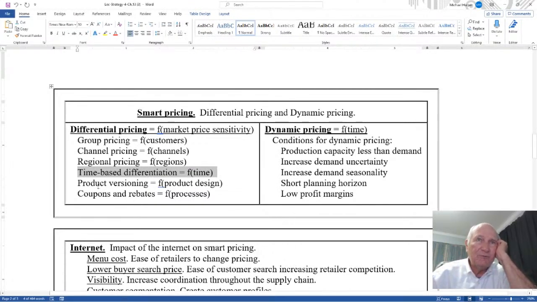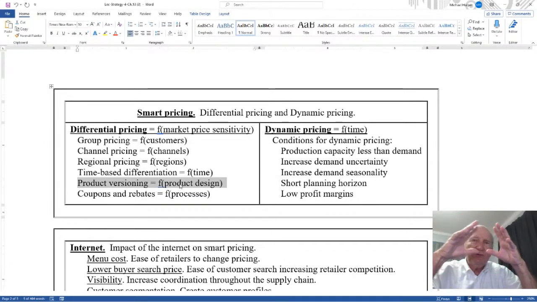Okay, product versioning here. The product design can really be a function of the pricing strategy. For example, you can design a product. Well, a simple example of this is that if you package it with gold or silver, the price can be higher than if you package it in brown or some dark color or something like that.